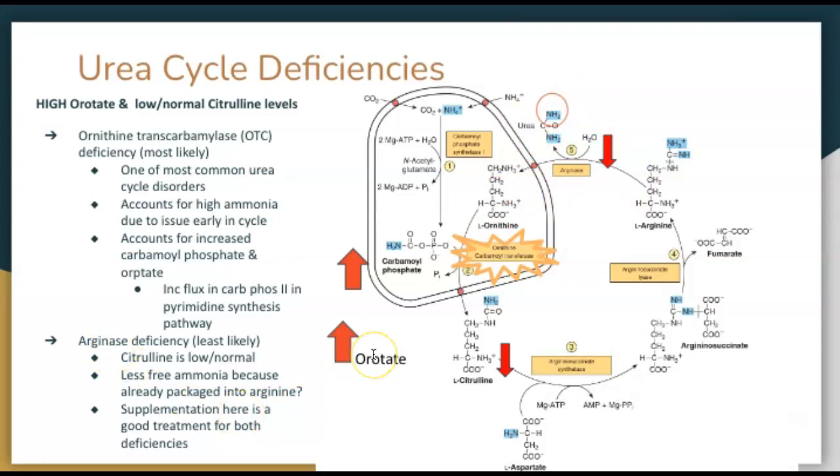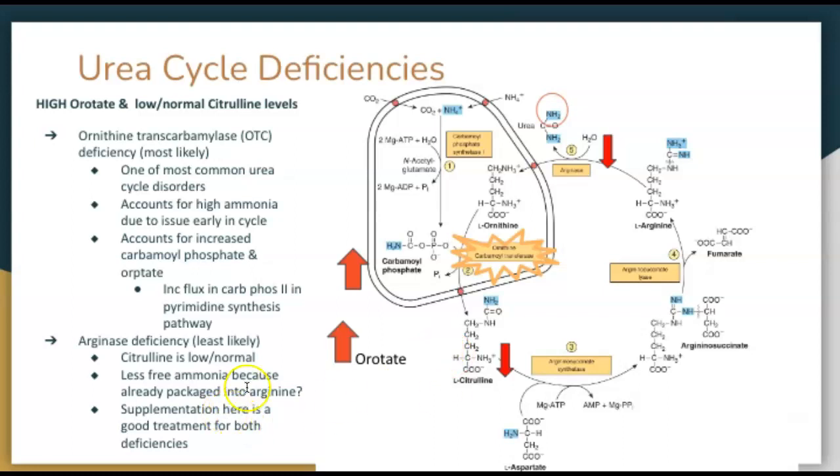The least likely deficiency in my mind would be arginase, because the citrulline is low to normal, and we still are seeing high serum ammonia levels, so therefore we're not splitting it up as well.